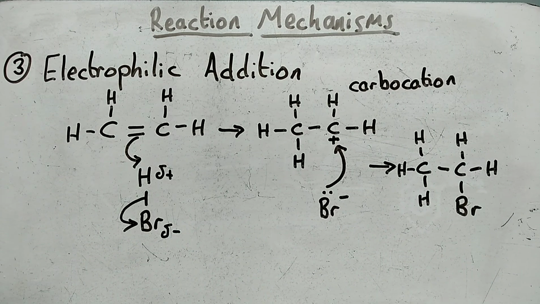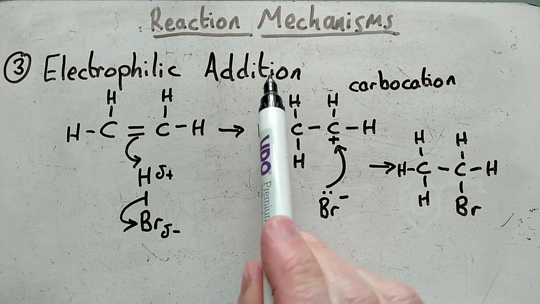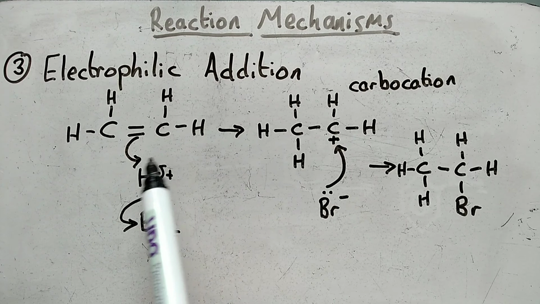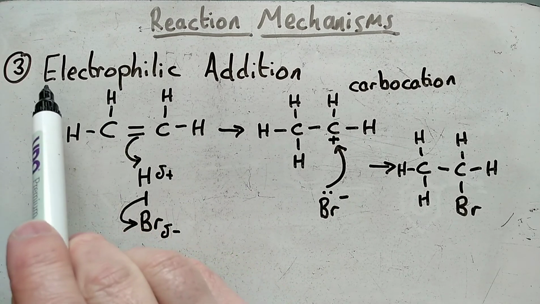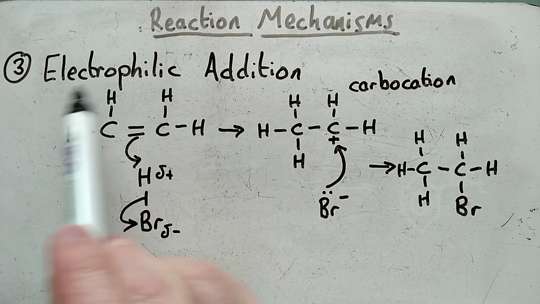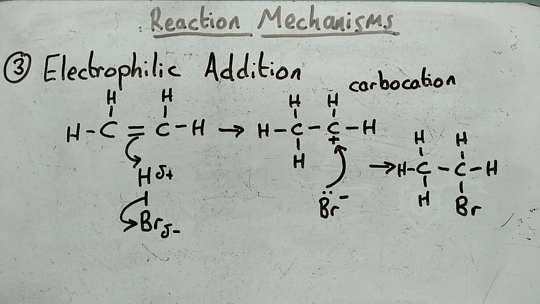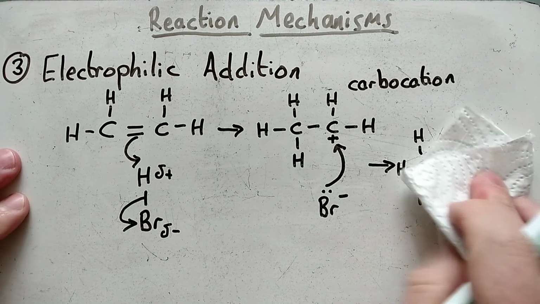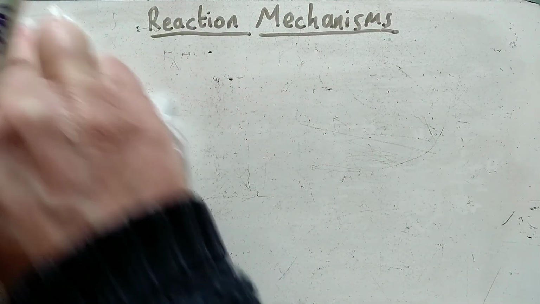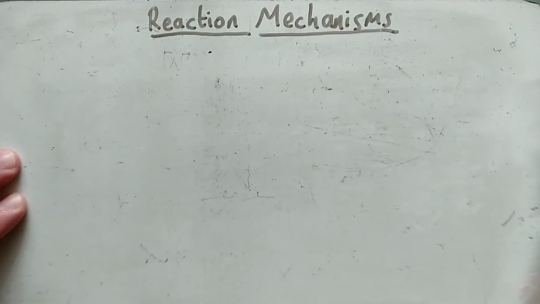It's not like the other two reactions where there's an H plus or something like that. There's a Br minus, I think, in the first one left over. This is electrophilic addition. So we've added to this, and we've added to it by adding something positive at first. So it's attracted to electrons. Electrophilic addition.